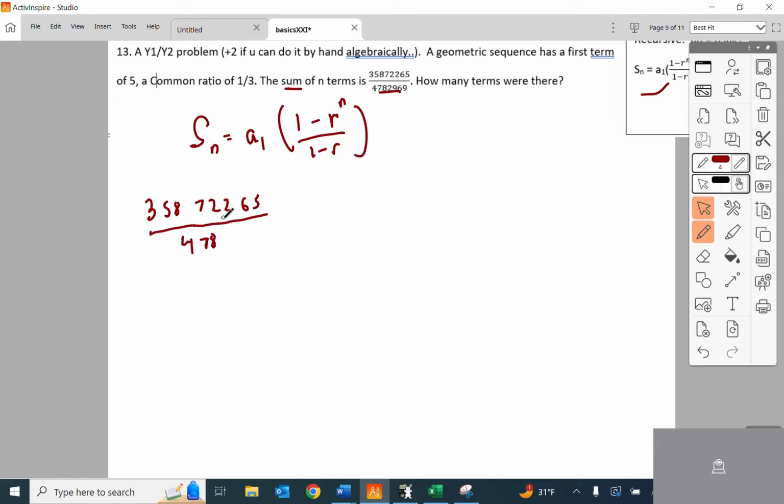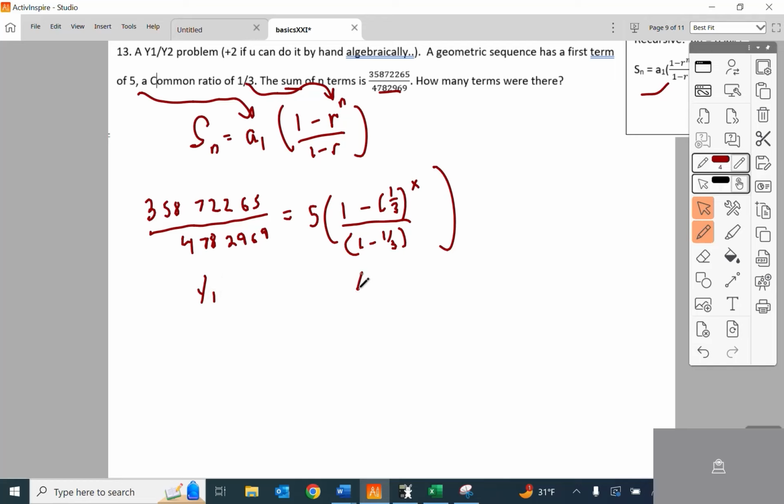I played with it for a minute. If it does, so be it. Equals the first term, which is 5. Ratio of a third. So 5 parentheses, 1 minus, I'm going to put that third in its own set of parentheses, raised to some unknown value, we'll call it x, sitting over 1 minus 1 third.